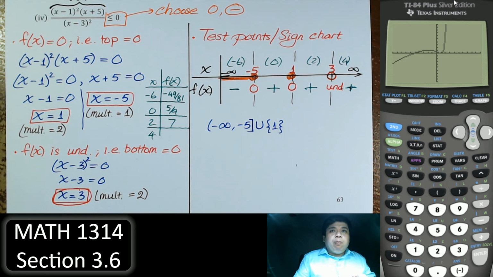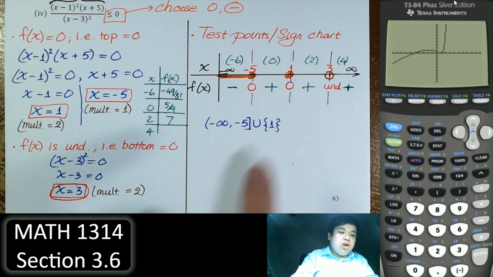For a polynomial, we can only have 0, positive and negative. Once we find where it is equal to 0, the sign chart will tell us where it's positive or negative. For a rational function, the possibilities could be 0, could be undefined. When those two are out of the way, we have positive or negative, and the sign chart will tell us.